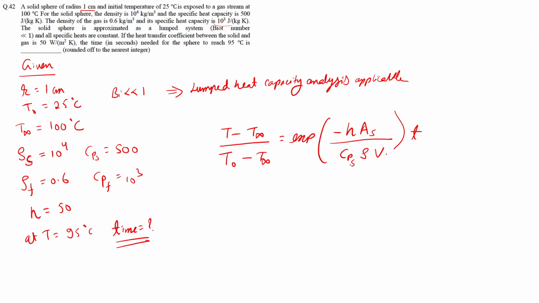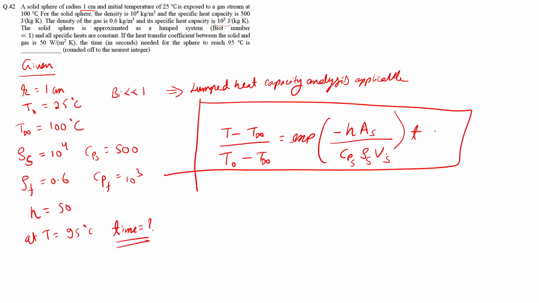Similarly, Cp is of solid, density is also of solid, and Vs is also solid. So we will be using this formula to find the time taken by the sphere to reach the temperature of 95 degrees Celsius.